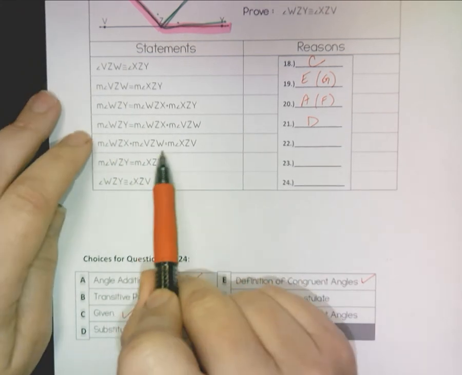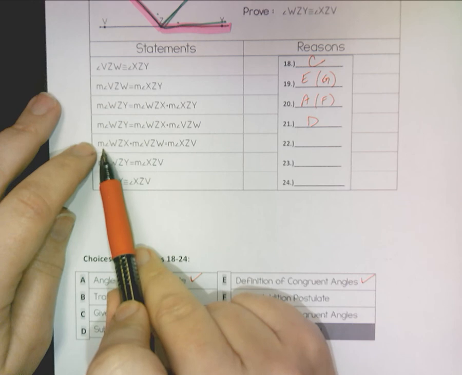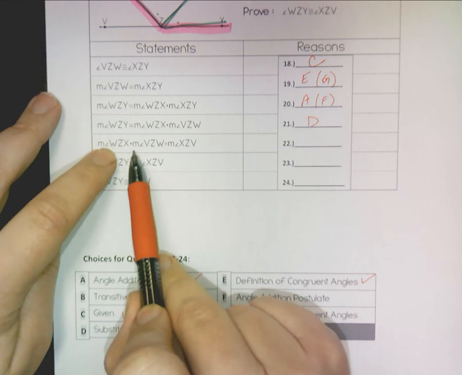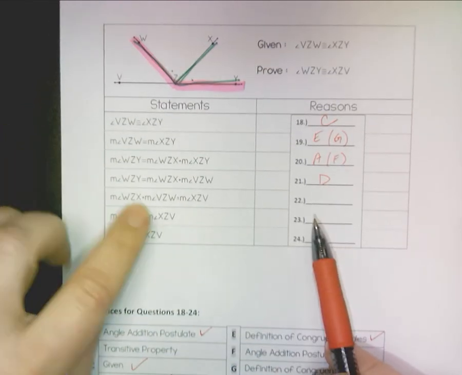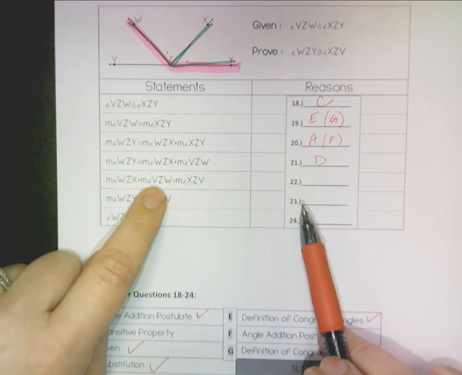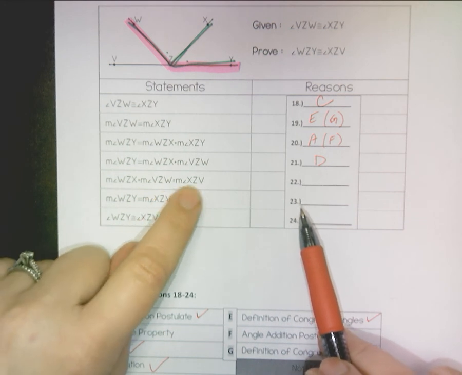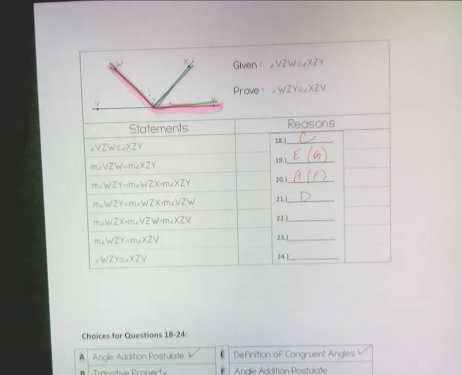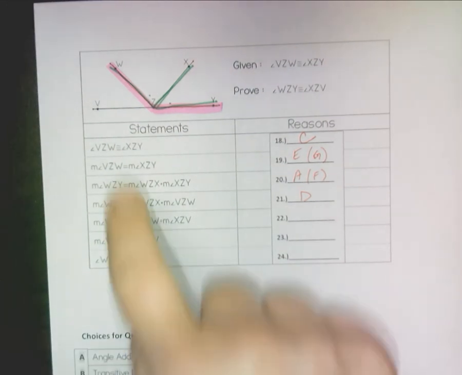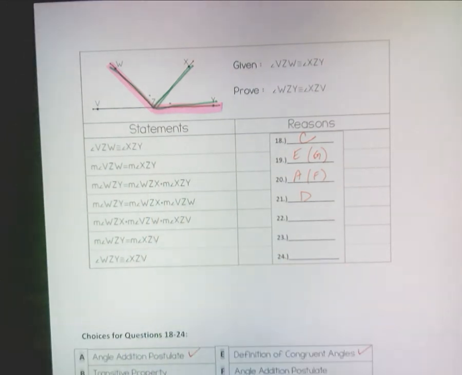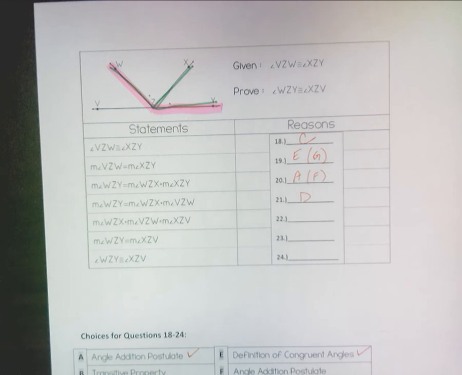Okay, now the measure of angle WZX plus the measure of angle VZW is equal to XZV. Okay, so now, and I know I'm color coding a lot of these, but let me get my highlighter. Sorry for the time. Oh man, I have a bunch more highlighters. Well, here we go.